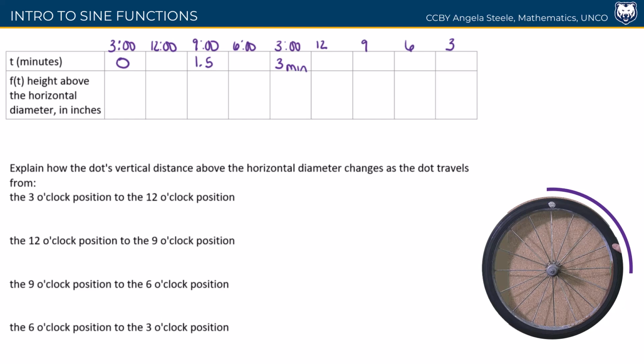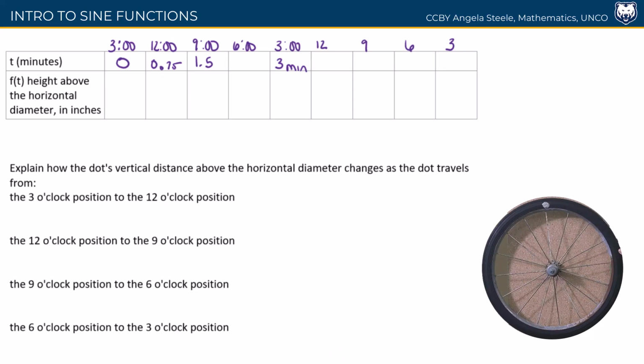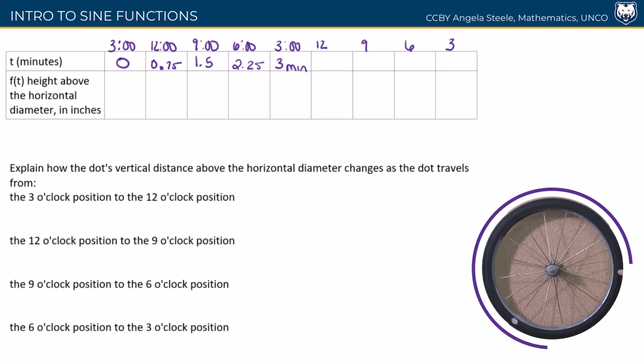If it took 1.5 minutes to get to the 9 o'clock position, it's going to take 0.75 of a minute to get to the 12 o'clock position. Basically, that means every quarter of a circle is going to take 0.75 minutes. So then here we're going to add 0.75 minutes, which gives us 2.25 minutes.